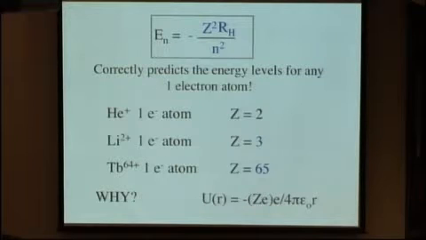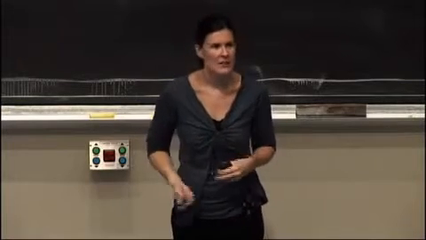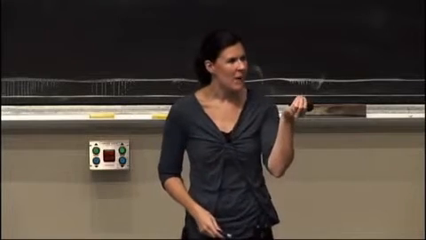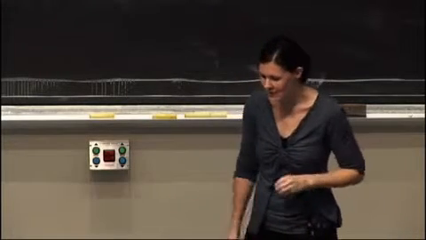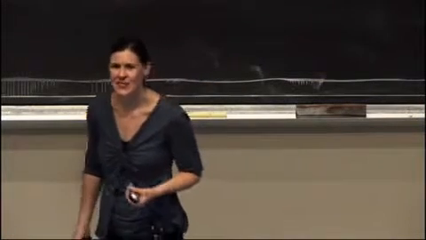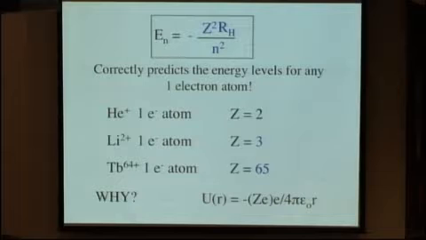But normally, we would have to include the full charge on the nucleus, which is equal to Z, or the atomic number, times the electron. So even if we strip an atom of all of its electrons, we still have that same amount of positive charge in the nucleus. So this allows us to look at a bunch of different atoms, of course, limited to the fact that it has to be a 1 electron atom.